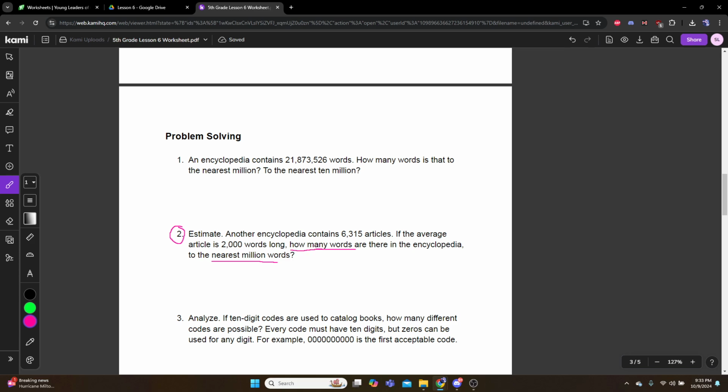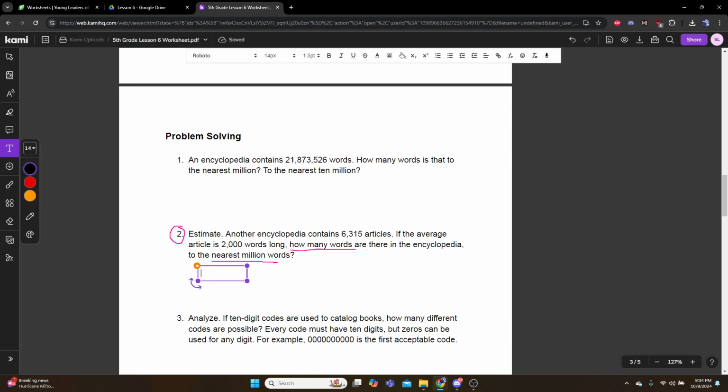Okay, so we know that another encyclopedia contains 6,315 articles. And then the average article is 2,000 words long. So this means that we would have to multiply 2,000 by 6,315.